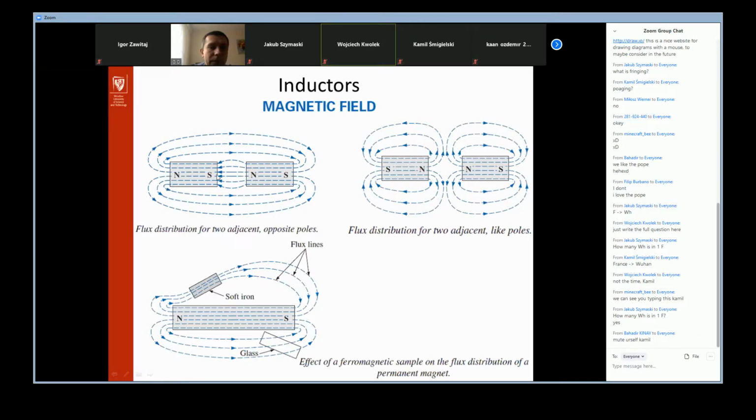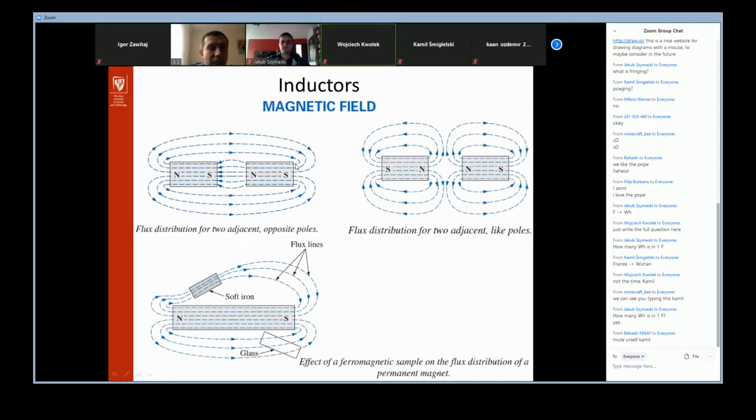Because the north is connected to the south pole, and we know that the magnetic flux line is going from north to south. So as you see, that looks like the magnetic flux line. And what happened here on the end of the second magnet? We know that the magnetic field, as I told you, creates closed loops.